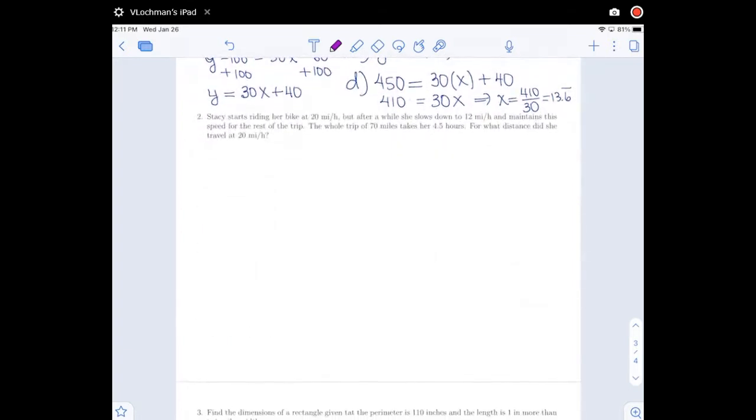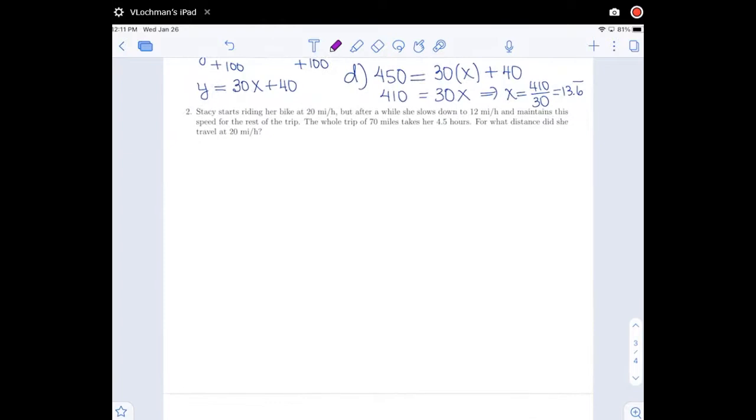This one will be a little bit more involved. You'll see what I mean by that. So let's read this. We have Stacy who starts riding her bike at 20 miles per hour. So she rides that for a certain amount of time. Then after a while, she slows down and her speed becomes 12 miles per hour.